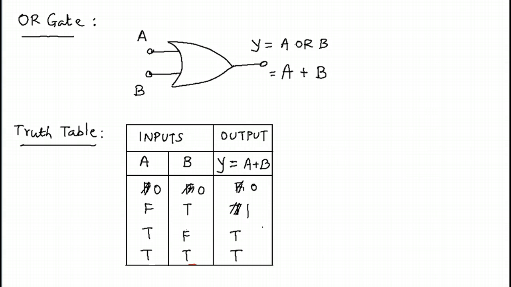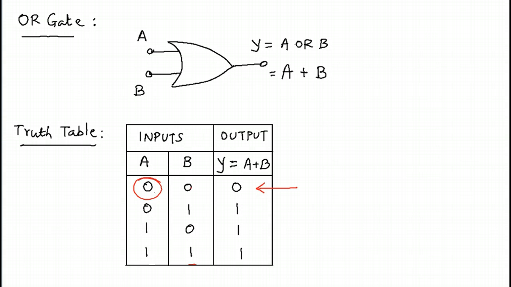So we finally get this type of truth table, and we can actually see very easily that the value of A or B is 0 only in one case, and that is when A is 0 as well as B is 0. In all other cases, the value of A or B is equal to 1.